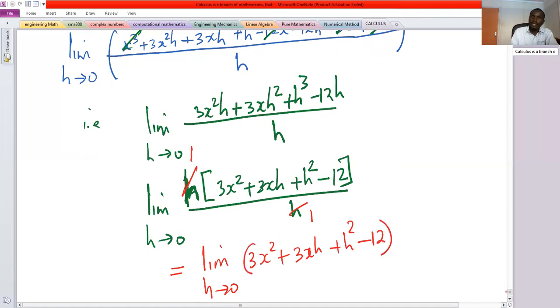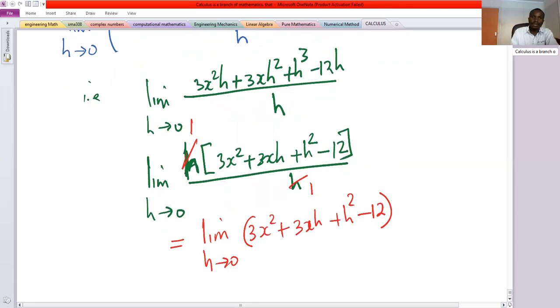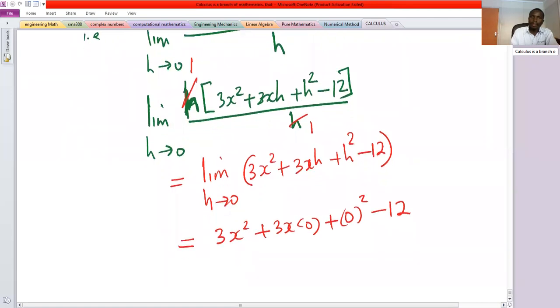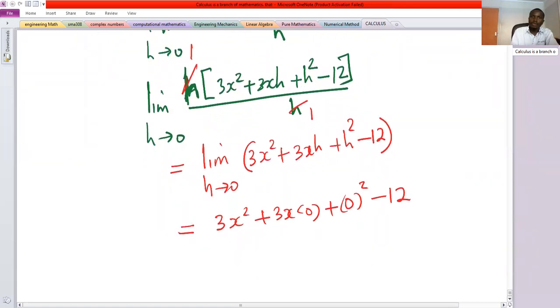Now at this point, just do direct substitution. Where there's h, we put 0. So we'll have 3x squared plus 3x times 0 plus 0 squared minus 12. So this term will be 0, this term will be 0, so we just have 3x squared minus 12.